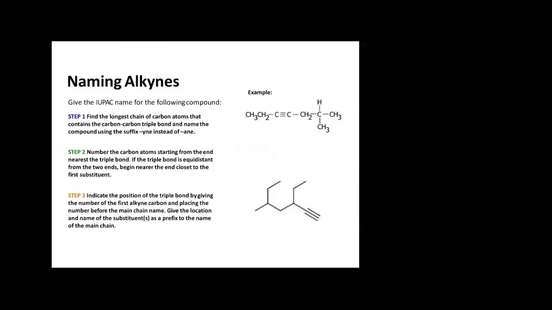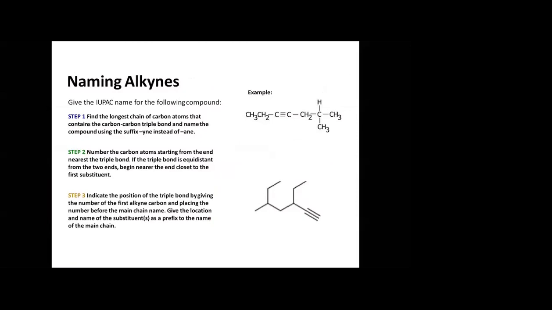Then let's move on to alkynes. Alkynes, when it comes to naming, are very similar to alkenes. But instead of looking at a double bond, we are going to look for a carbon-carbon triple bond. As we have done throughout our discussions in naming hydrocarbons, what is step number one?